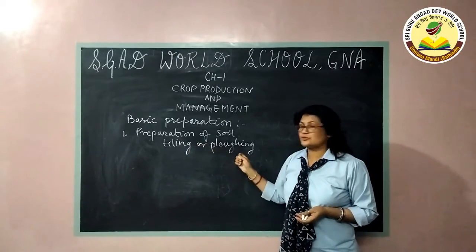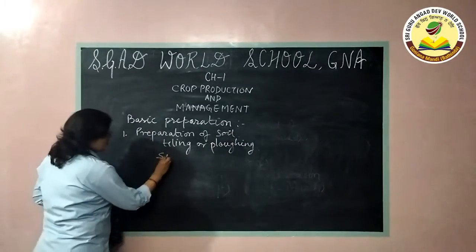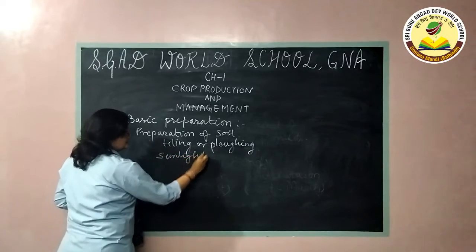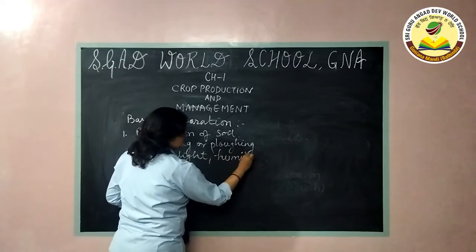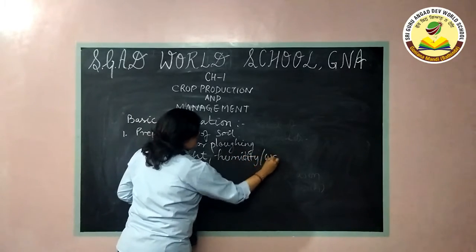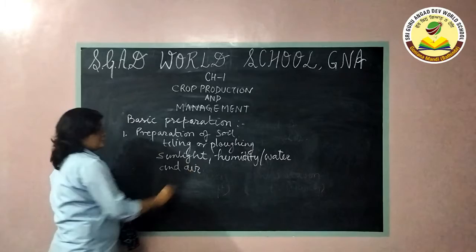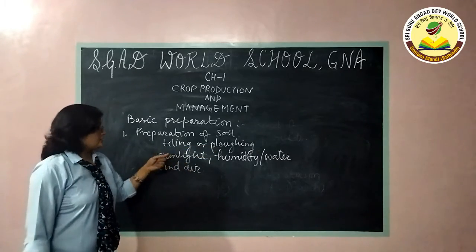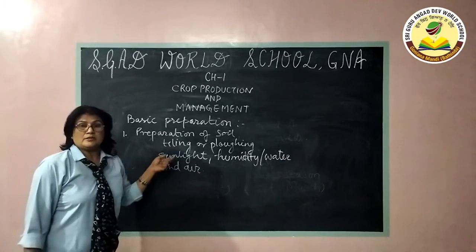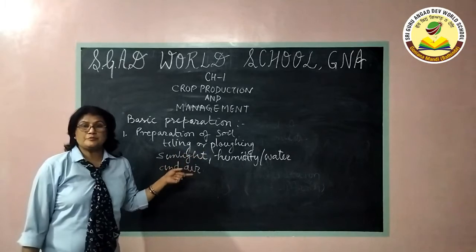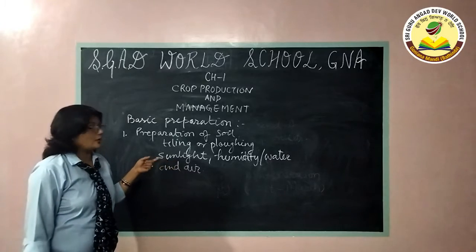The loosened soil makes a seed get its basic needs, that is proper sunlight, humidity or water, and air. That's why we do the plowing or tilling of the soil. One more important thing is that in soil there are some good bacteria and earthworms who make the soil fertile.